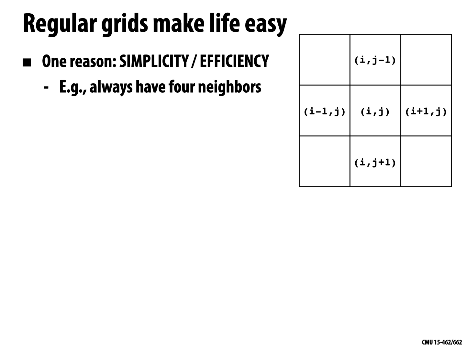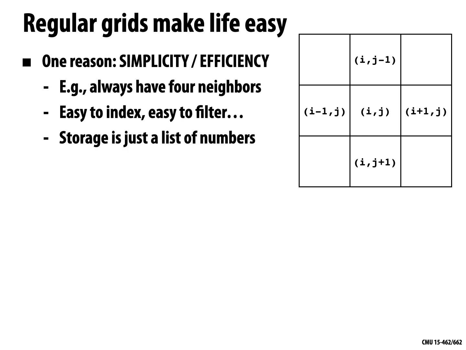Okay? It's easy to index. It's easy to apply filters like averaging. Maybe we have to be a little careful near the boundary, but no big deal. Okay? And storage is also easy. Storage is just a big long list of numbers. I can just concatenate the rows of my image into just one long array.